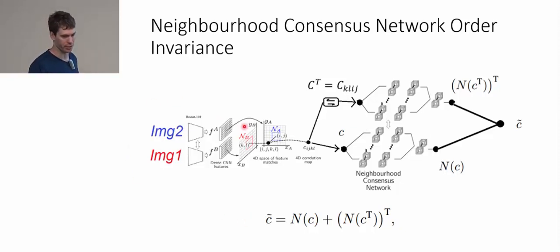We don't have to duplicate this entire thing over here, just backwards. Instead, if we just swap the ij coordinates of the correlation map with the kl coordinates, we'll get the same result as if we swap the images. So they feed these networks together and add them, so now it's order invariant.